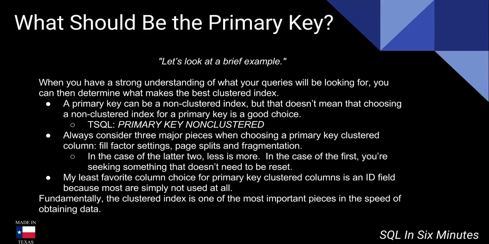There are many times in the last 6 years that it's been out where Bitcoin has been the same price. So it can be the same price. That's not going to be a unique value at all by any stretch of the imagination. So when you have a strong understanding of what your queries will be looking for, you can then determine what makes the best clustered index. Okay, a primary key can be a non-clustered index.